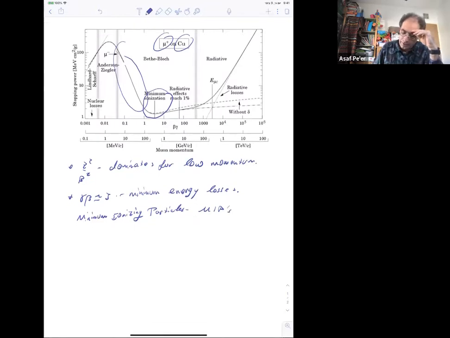And as beta increases, the logarithmic term becomes dominant, which gives the relativistic rise.